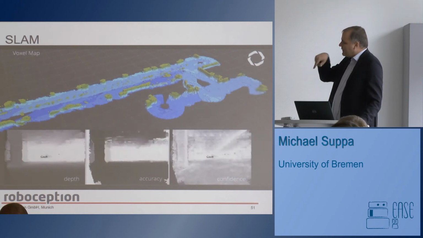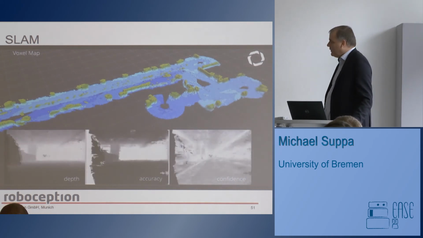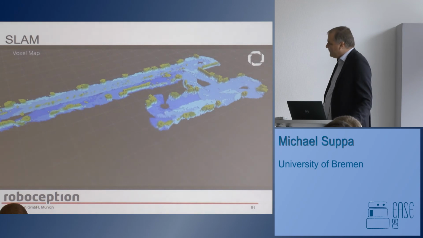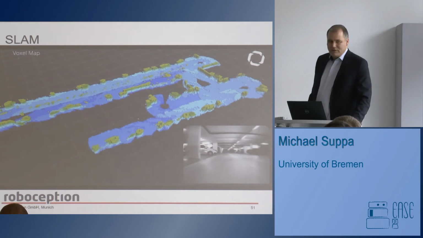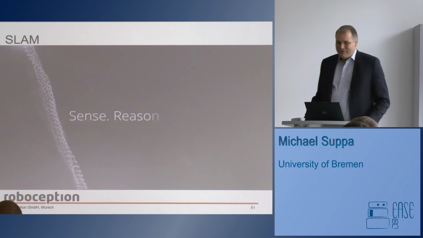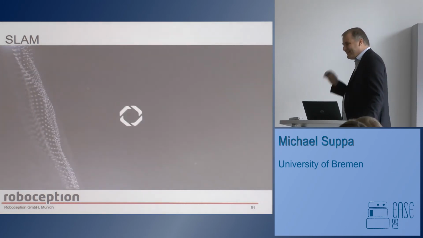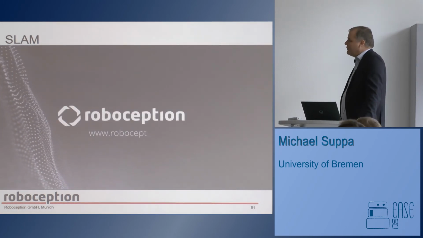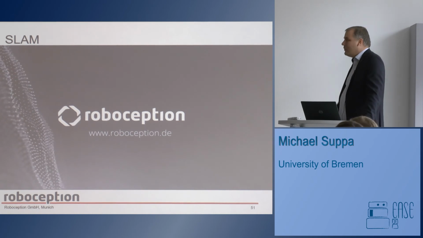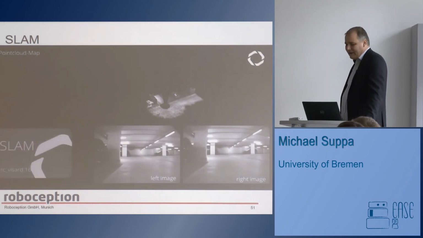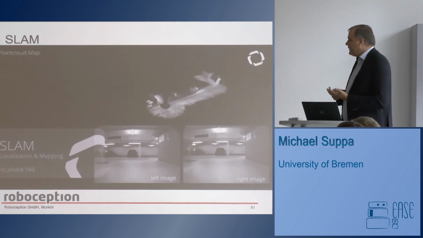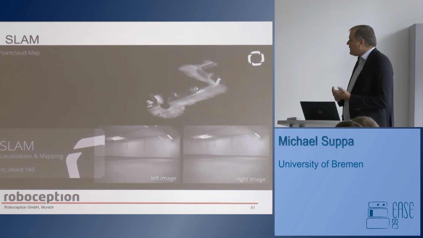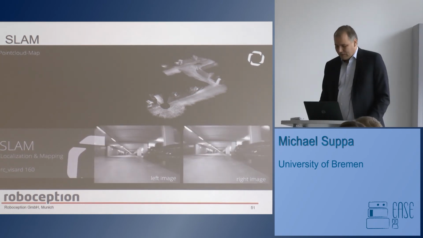You see here it's running at a lower resolution, so for SLAM and for building up the octomap, we are not using the VGA resolution because that's really a lot of points. So we said, okay, we reduce it to a lower resolution and then we can have it more real time. In the end, you've seen that we also then update the octomap based on the method I just introduced quickly before.